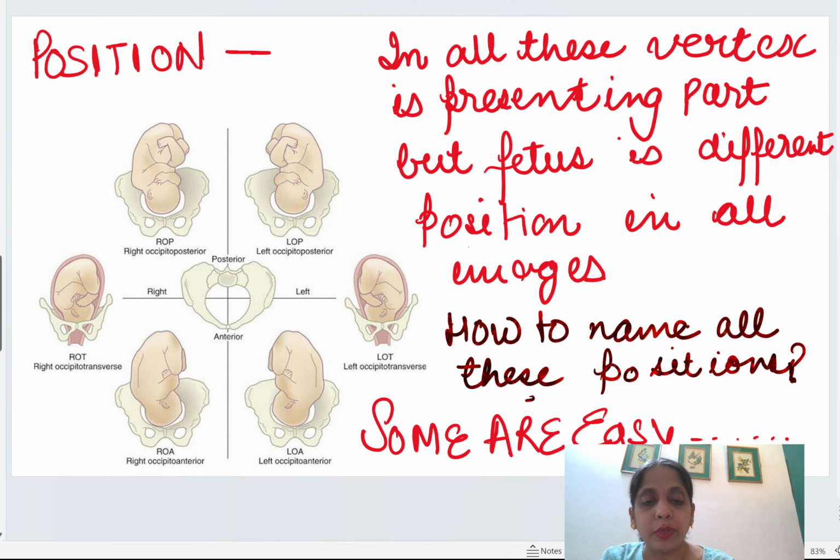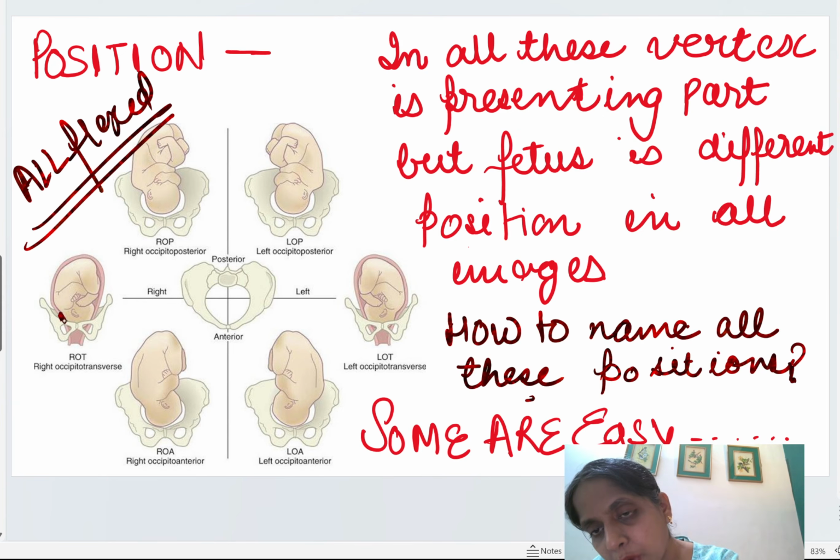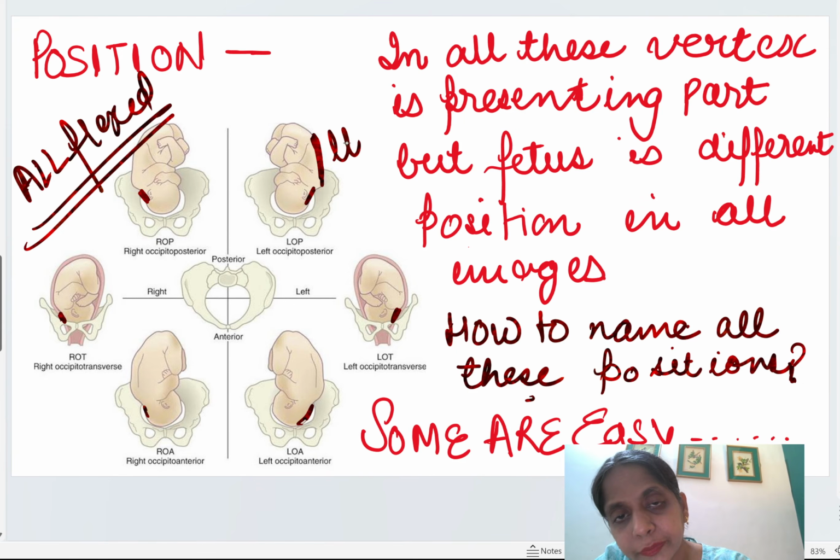You are seeing here in the diagram that all fetuses are flexed. You can see all the fetal necks are flexed, but all these fetuses are in different positions. Here the back is on the left side, here the back is on the right side, here the back is anterior.